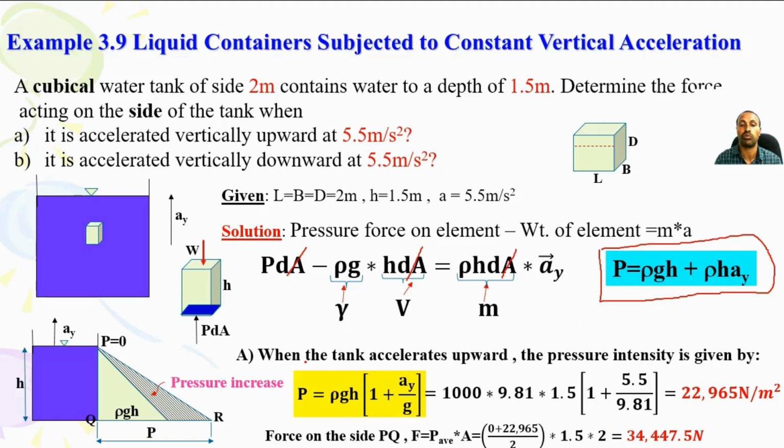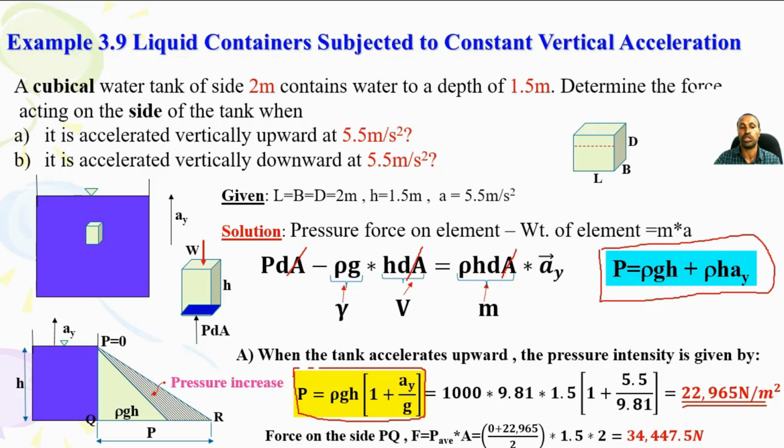So when the tank accelerates upward, the pressure intensity is given by this equation. This is the pressure intensity for upward motion. So you can calculate now the density of water times g times 1.5 m of water, times 1 plus 5.5 over 9.81. So you get this result, which is the pressure when the tank is accelerated upward.